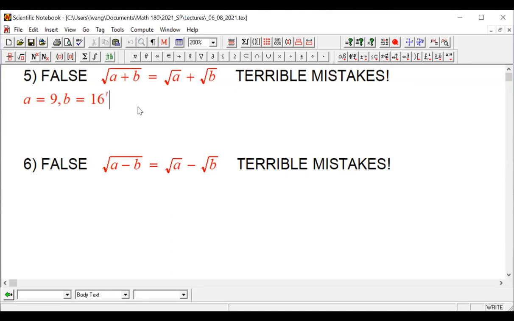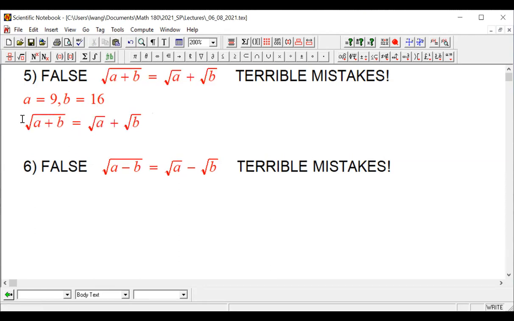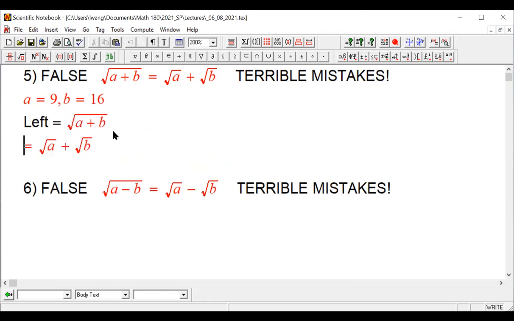Left, right. Left-hand side, right-hand side, right? 9, 16. Order of operation, we get square root of 25.